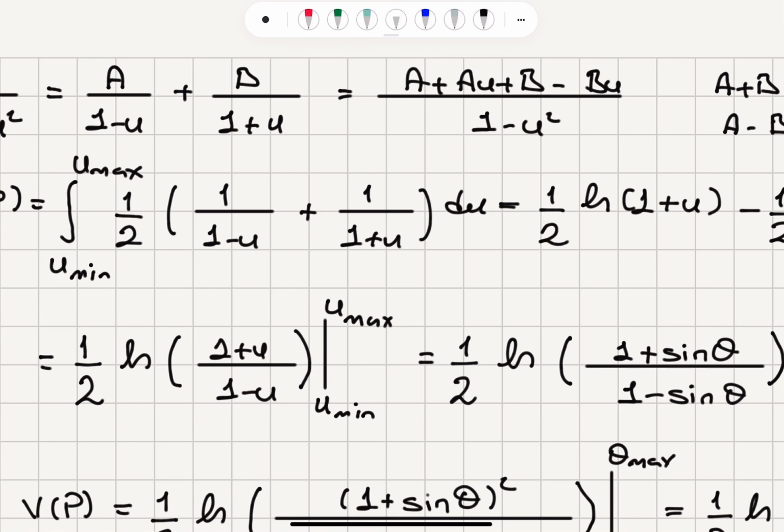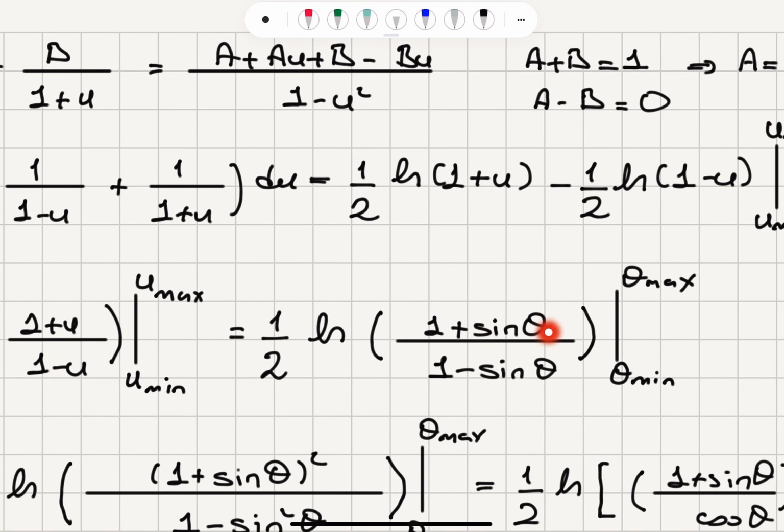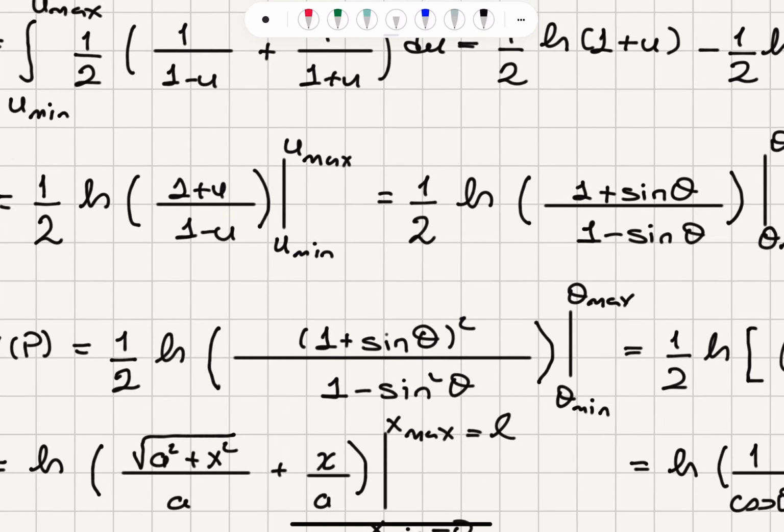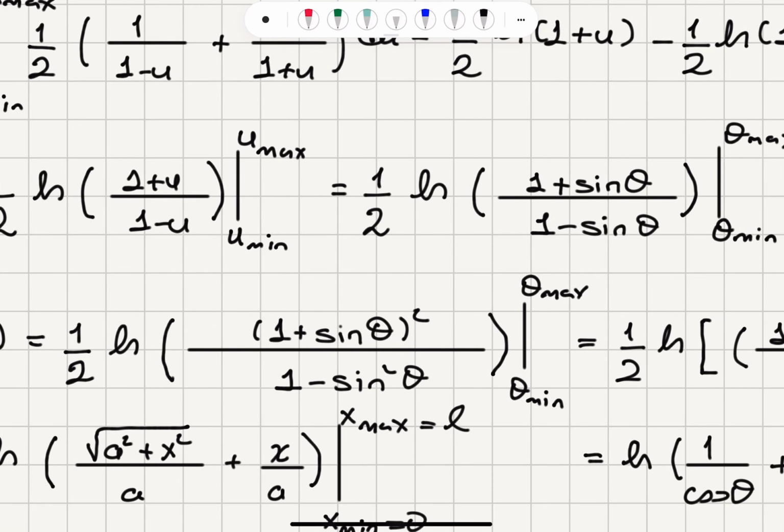And u is sine theta, so it's natural logarithm of 1 plus sine theta over 1 minus sine theta. Now I multiply top and bottom with 1 plus sine theta, so that this becomes 1 plus sine theta parentheses squared divided by 1 minus sine squared theta. 1 plus sine theta multiplied with 1 minus sine theta gives us this result.